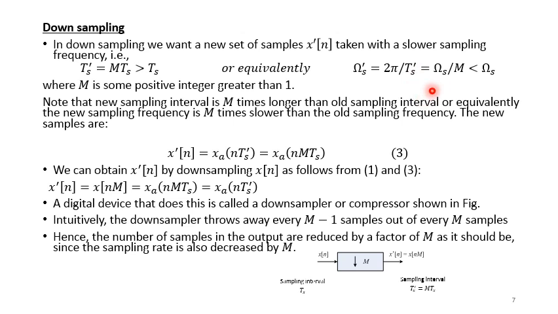Now, because T's is equal to M Ts, the omega prime s will be the downsampled version, right? How much? Let me write it again.